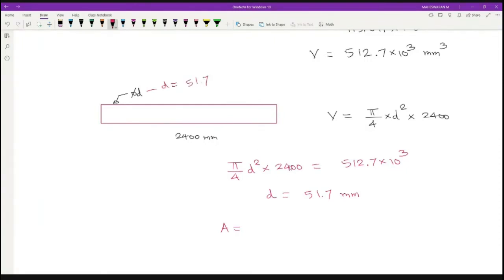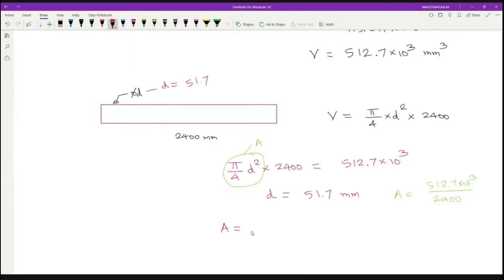But let us consider the same equation. Here you can see that pi by 4 d square is your area. So if I need the area, I have to divide by that 2400, so I'll get the cross section area.